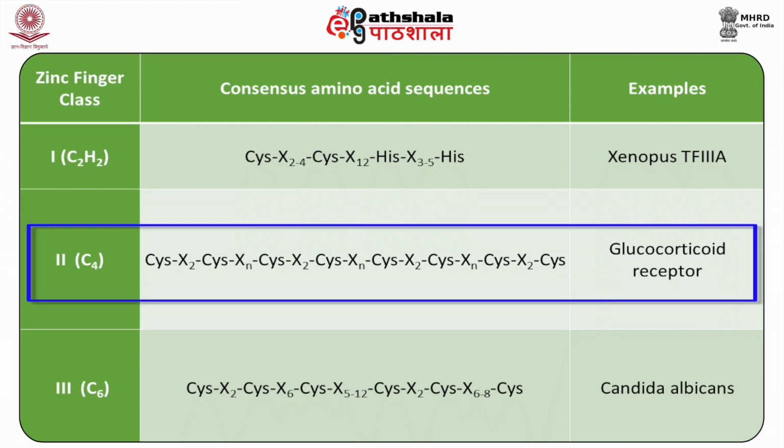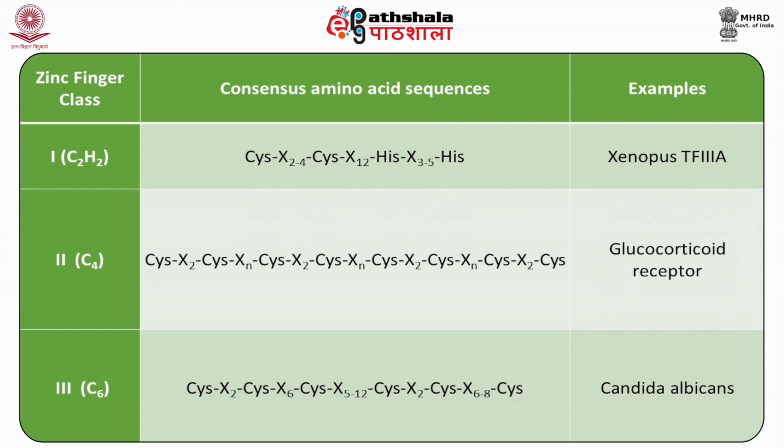The consensus amino acid sequence for this class is cysteine, X2, cysteine, XN, cysteine, X2, cysteine, XN, cysteine, X2, cysteine, XN, cysteine, X2, cysteine, where X is a variable amino acid. The glucocorticoid and estrogen receptors belong to this class.